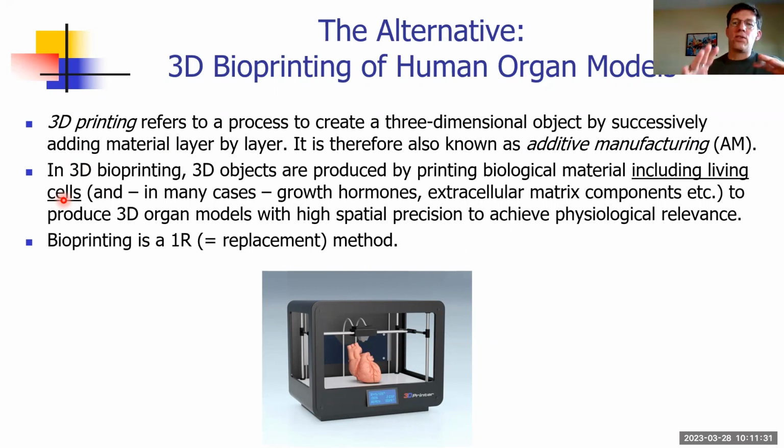But in my understanding, and that is shared by most of the colleagues in the field, bioprinting really involves the living cells during the printing process, and the living cells are embedded in biocompatible material, and this material frequently also contains certain signals such as growth hormones, extracellular matrix components, and other things. So bioprinting, in this understanding, is a method for replacement, so the 1R of our famous 3Rs.